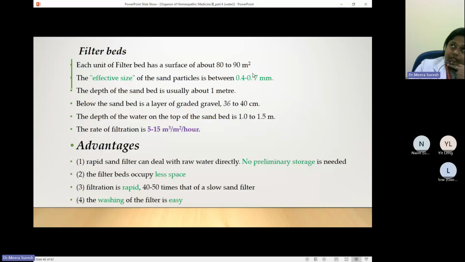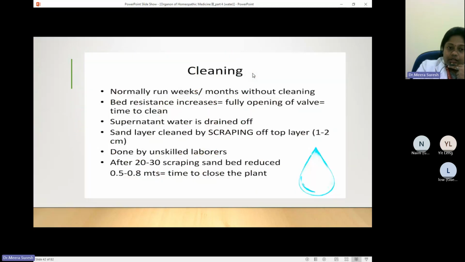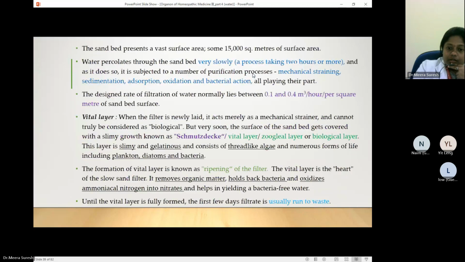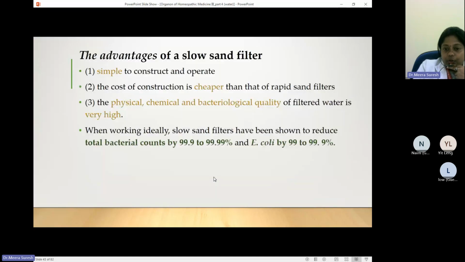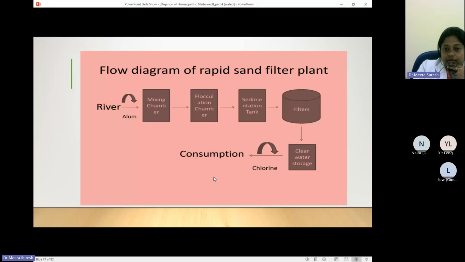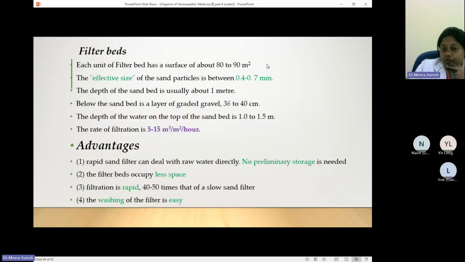Over there it was 0.2 to 0.3 millimeter, that was the size in slow sand, and over here it is 0.4 to 0.7 millimeter. The depth is usually about 1 meter. That was the same in case of slow sand also, 1 to 1.5.